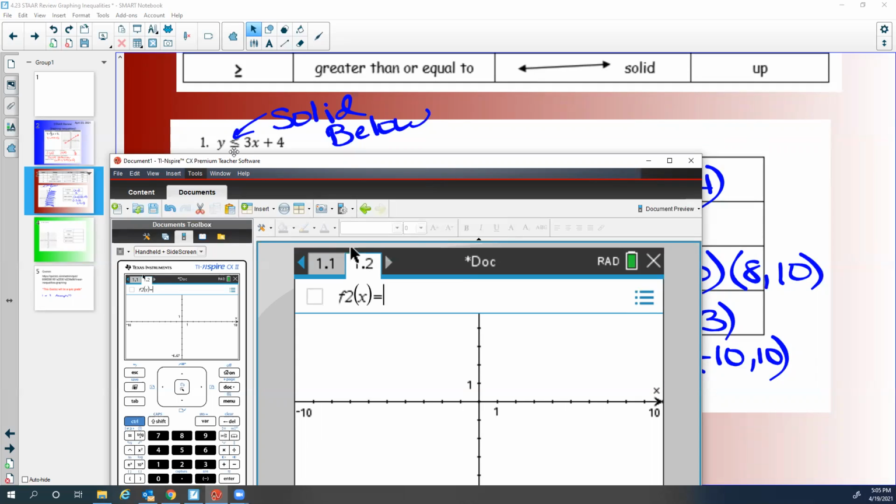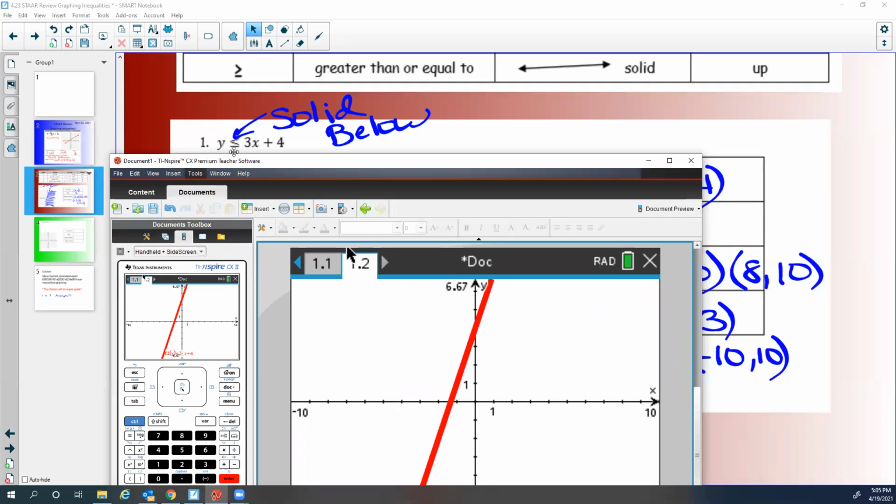Your calculators are going to be in what's called press to test, and that makes it so that if you delete that equal sign, nothing will happen. You won't be able to see anything at all. So we cannot do that. What we can do is type 3x plus 4 and see what our line looks like to make sure that we have the correct line. You will still have to decide line type and shading though.